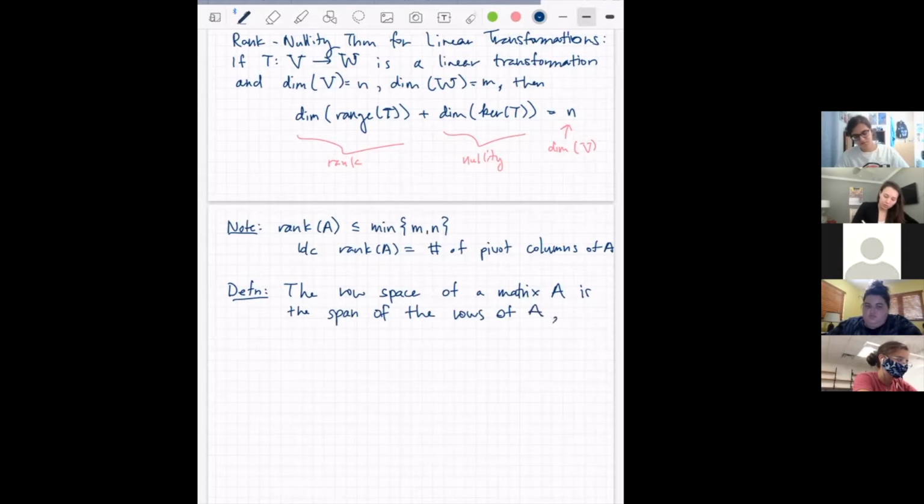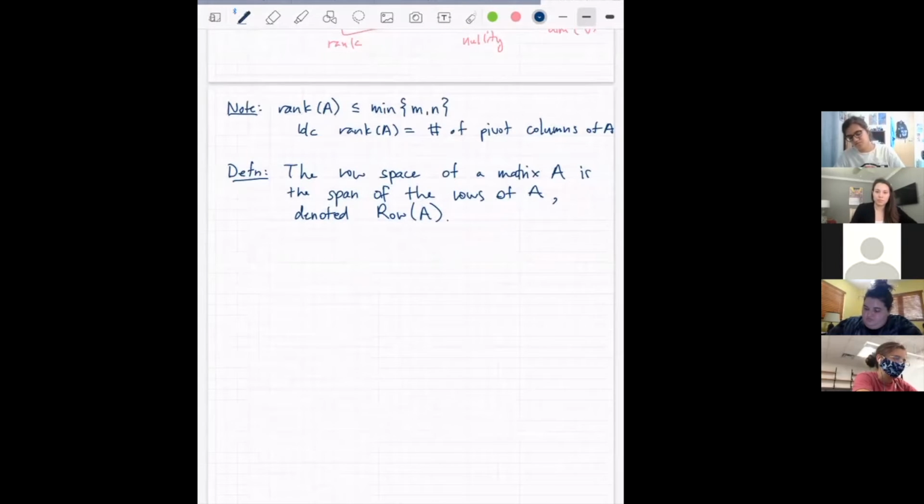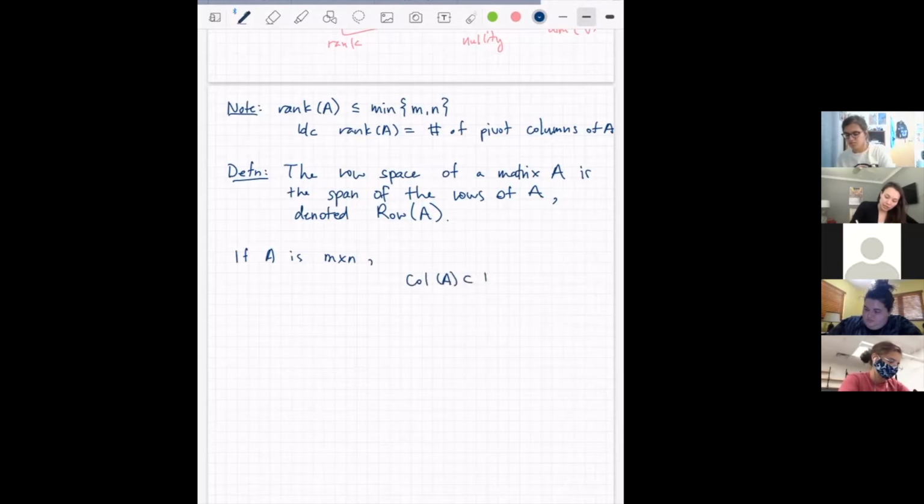Okay, and we're just going to denote this row of A, right? Okay, so if A, again, is an M by N matrix, then we know that, first of all, the column space is a subset of Rm, right?